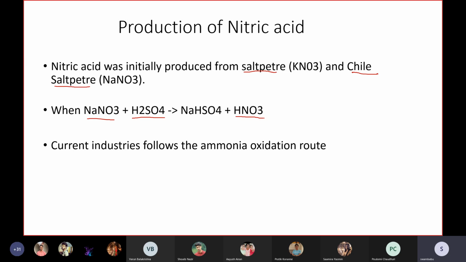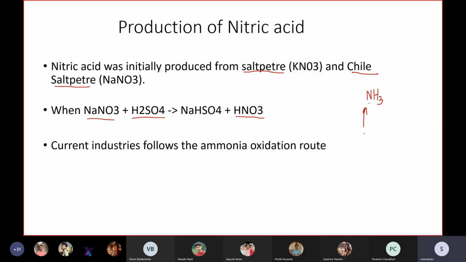But with the rapid development of hydrocarbon production, the amount of ammonia produced also increased, while at the same time the sources of these nitrates reduced. Most hydrocarbons contain nitrogen as an inert material, and that nitrogen is utilized for the ammonia production process.